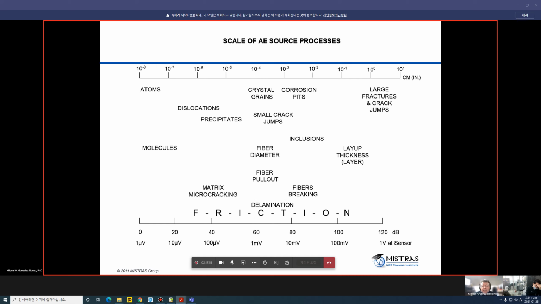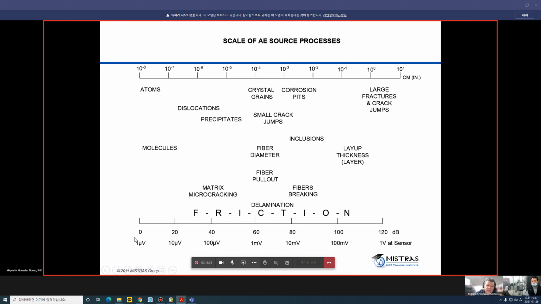As we increase the amount of matter that is involved during the movement of those sources, it is going to increase the amplitude of the signals detected. What is the meaning of this? When we are talking about atomic movements, the corresponding decibels of amplitude for that atomic or molecular movement is very small.